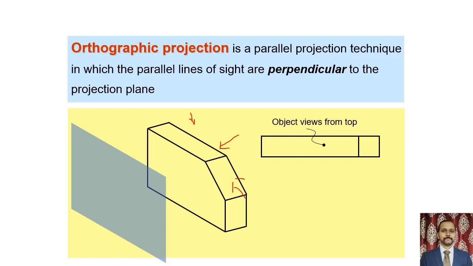But the important thing is that the line of sight must be perpendicular. And this is from the top side, that means we are looking at the object from the top. So these are the orthographic projections.